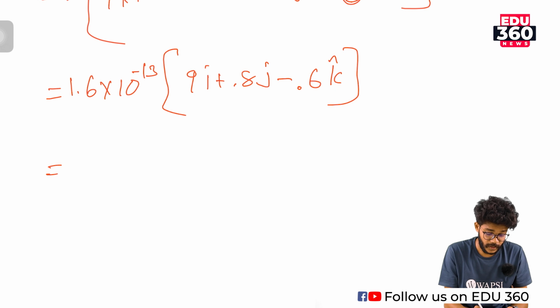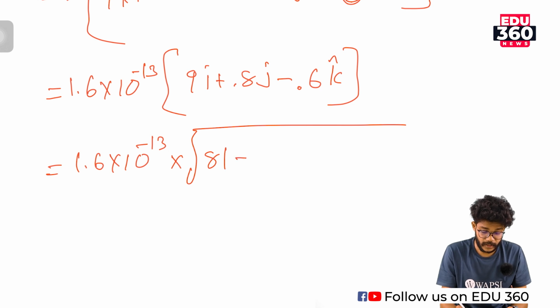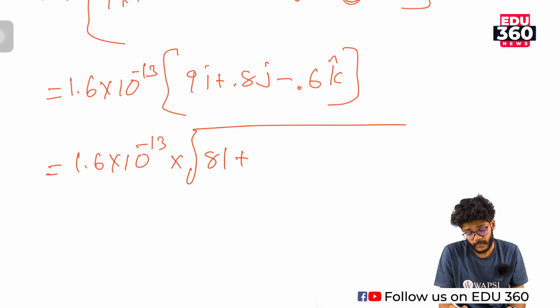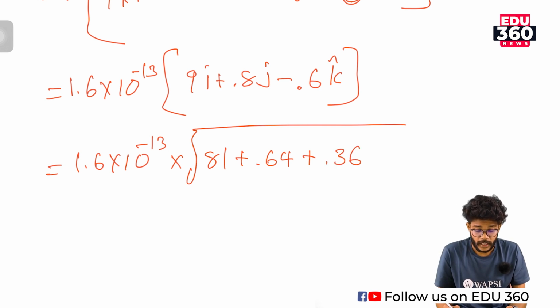Okay, so 1.6 into 10 raised to minus 13 into root of 81 plus square of 0.8 is 0.64 plus square of 0.6 is 0.36. Okay, 0.64 plus 0.36 is 1. So 81 plus 1 is 82. So root 82 is approximately 9.1.